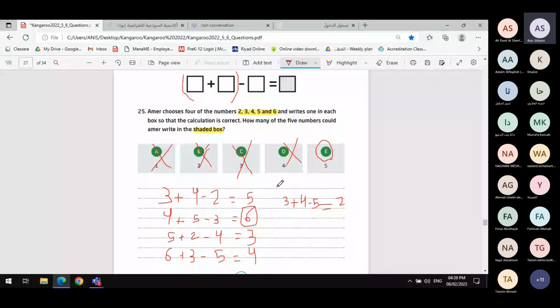No, all of those answers. So we found how many numbers can fit in this box. This was the question. Oh, all right. Thank you so much. I understood it in a different way.